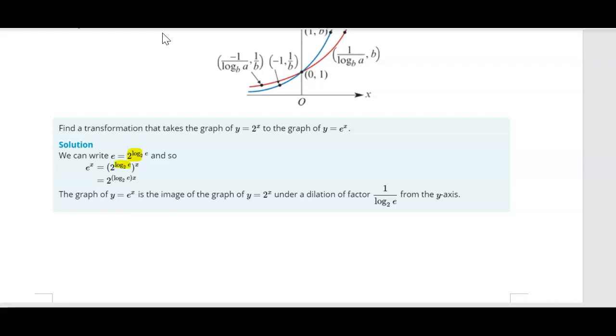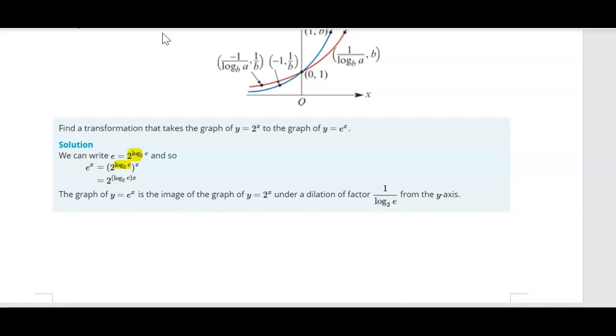Because if you remember back to when we did exponentials, all right, looking at the dilation factor from the y-axis, okay, we're actually always looking at this value here. We didn't look at it in terms of logs, we just looked at it in terms of integers. Okay, so just normal numbers, not logs. But log base 2 of e is a number.